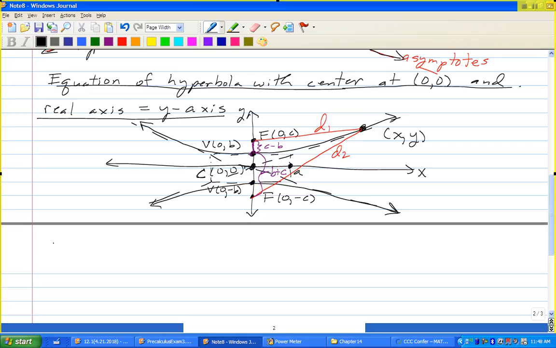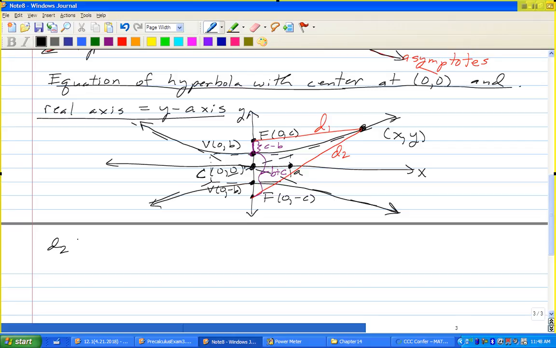Say d2 is bigger, so d2 minus d1 must equal, maybe I'll put absolute value because I'm not sure which one is bigger, the difference of these two distances.